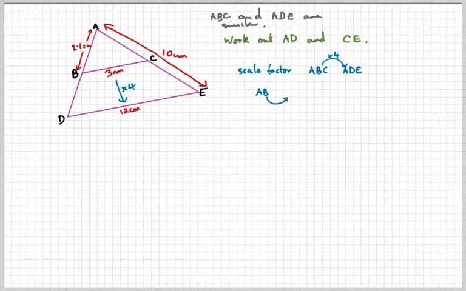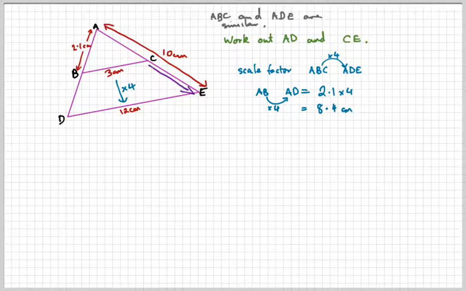So we know that AB, to get to AD, since they're corresponding, I'm going to have to times the length AB by 4. So AB is 2.1, if I times that by 4, I'm going to get 8.4. So that means the length AD is 8.4. Okay, excellent.